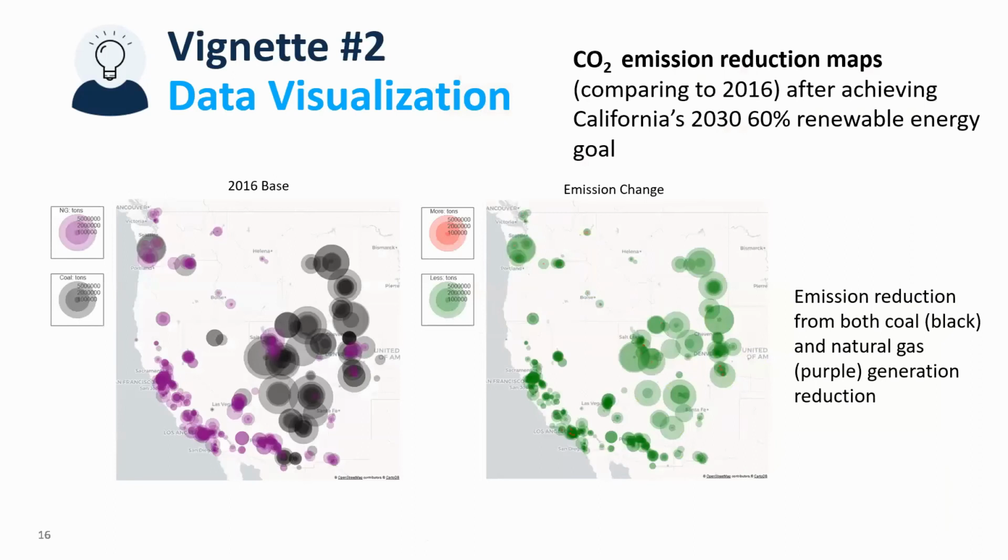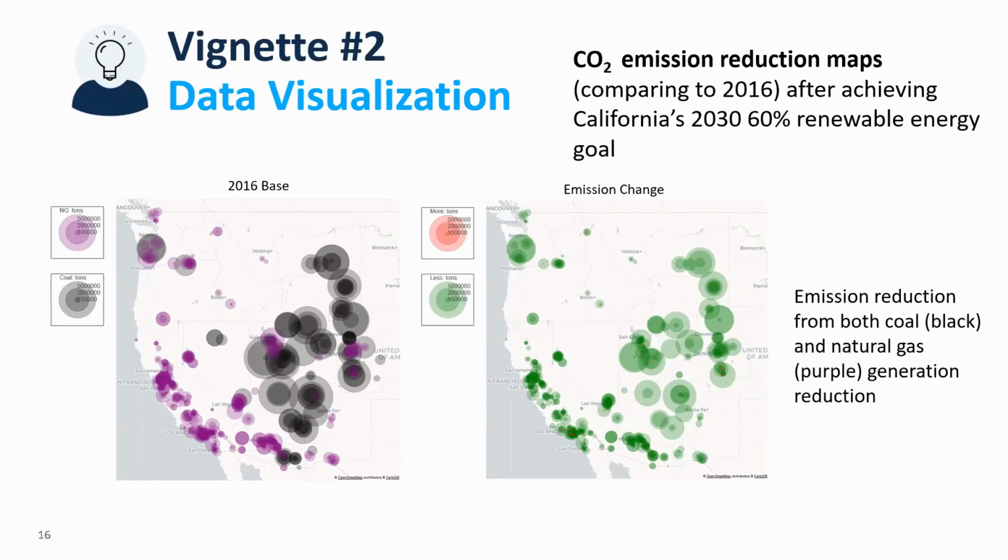We also use maps to explain geographic variation in emission reduction that will come about in different future scenarios. So for example, here we have two maps showing generation of carbon emissions in a base case from a past year, 2016. And then looking forward, we use green to show reductions and red to show increases in emissions.